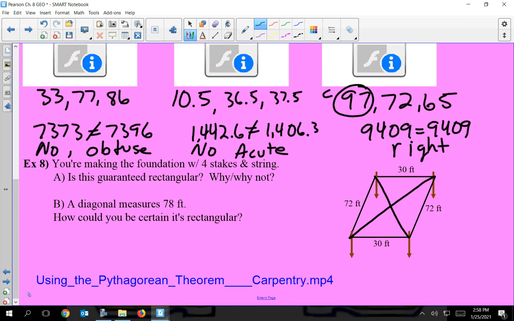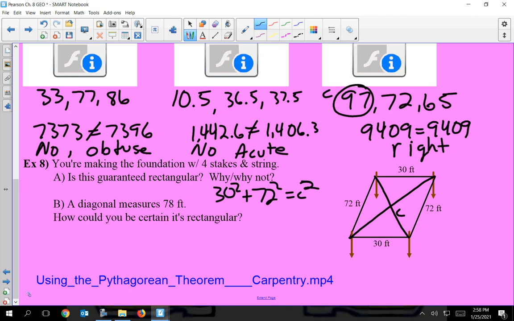So what we're going to do is we're going to take the two sides, 30 squared plus 72 squared, and we're going to equal it to be c squared, okay? And we're going to call the diagonal c.